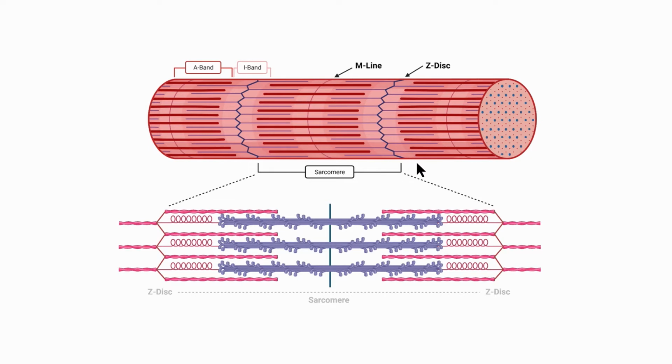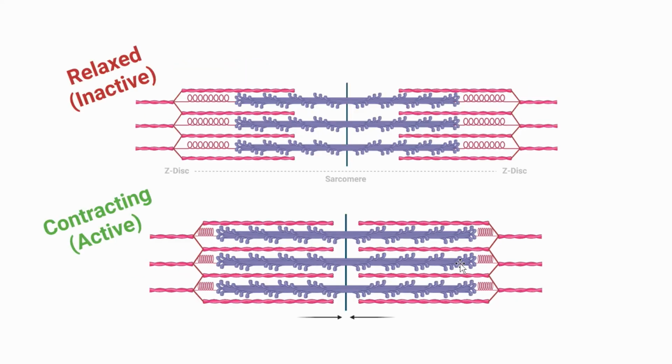If we look a little deeper and look at the proteins that make up this sarcomere, we find that there's a series of different proteins. I'm going to be mentioning four of them, but really there's a whole lot of them.